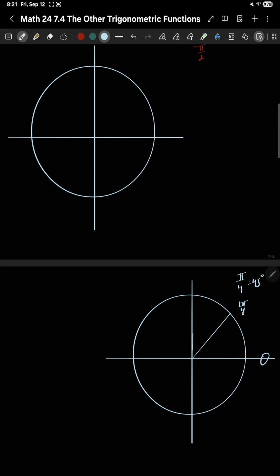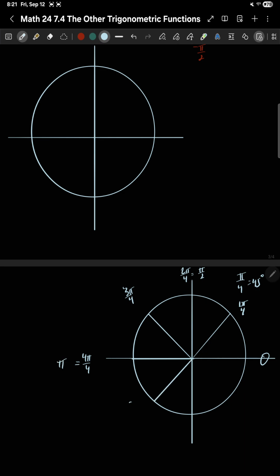Then another half will take us up here, or 2 pi over 4, or simplified pi over 2. Another one, 3 pi over 4. Another one, 4 pi over 4, or simply just pi.